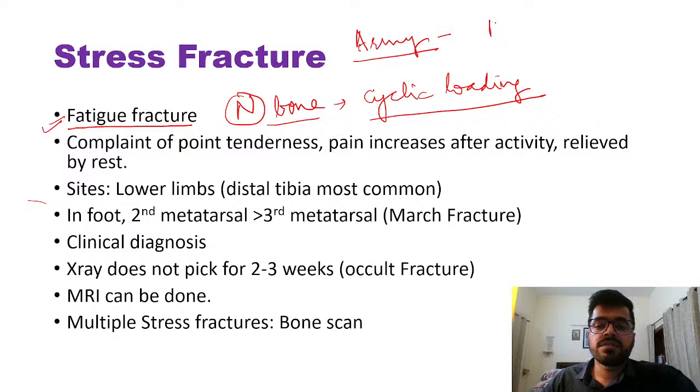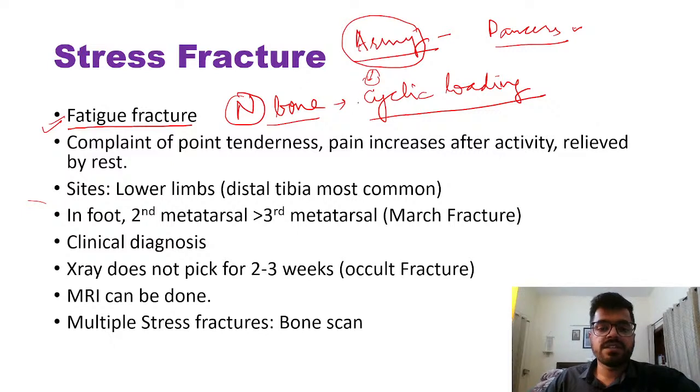In dancers, when their practice is in full flow, that time they can have stress fracture. So army वालों में जैसे 26 January, 15th August parade, before that they have march fracture because of increased intensity of their march.